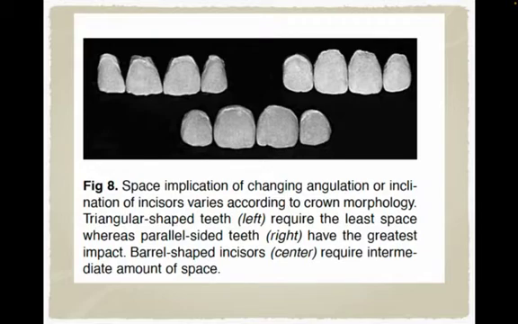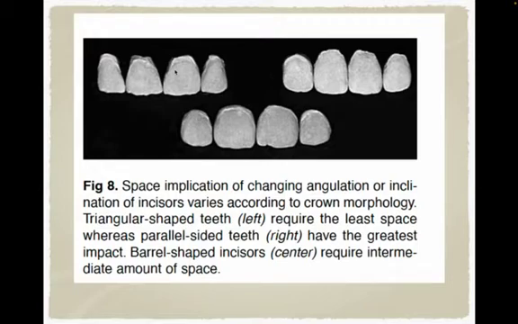The teeth that need more space are the parallel sided ones. So the anatomy of the teeth also decides how much space we need. The triangular teeth are the least to require space, while the parallel sided are the most to need space when we torque them, and the ovoid shaped ones come in the middle. That's why the lower incisors are not counted when we consider torque and tip.